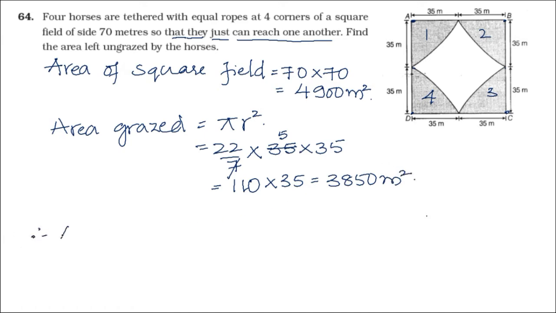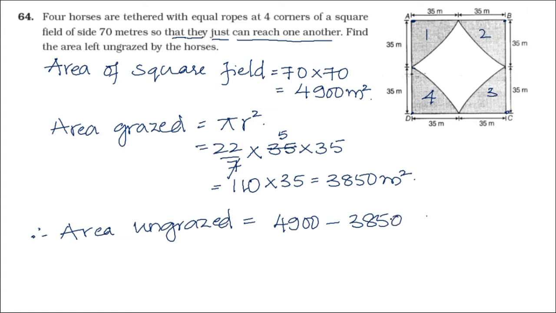Therefore, the area ungrazed will be equal to the area of the square field minus the area of the grazed part. On simplification, we get 1050 square meters.